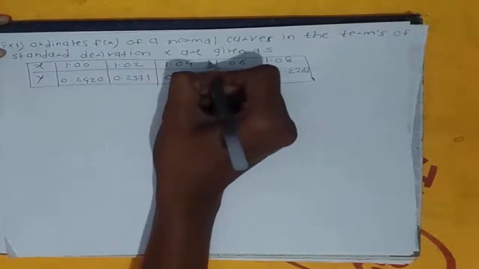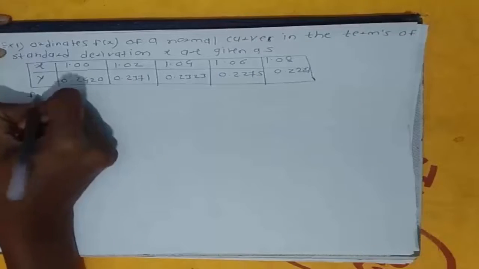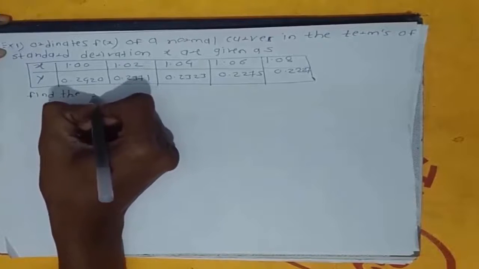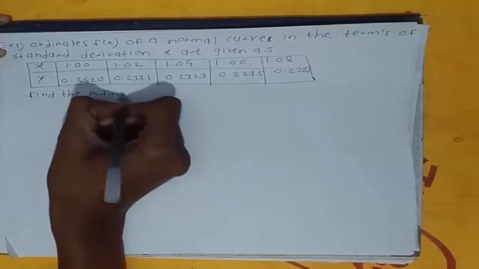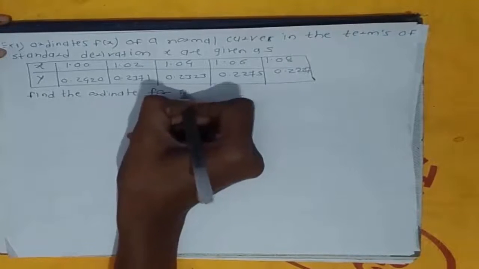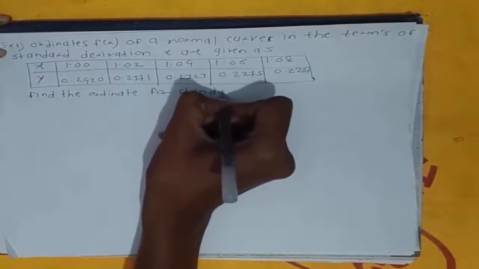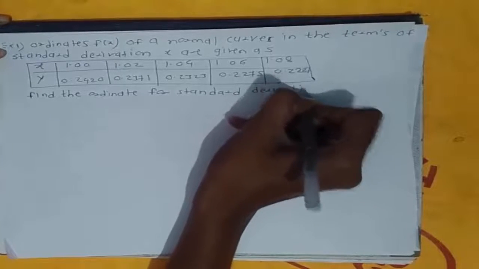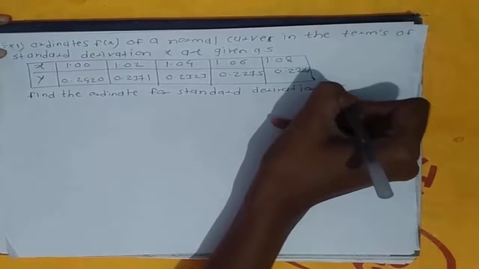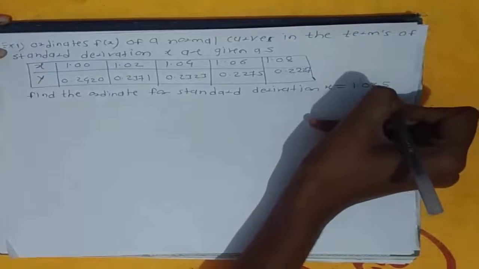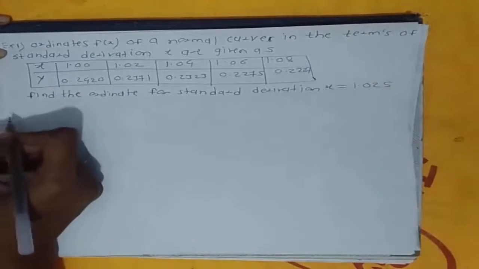Okay, so from that we have to find the ordinate for standard derivation x is equal to 1.025.